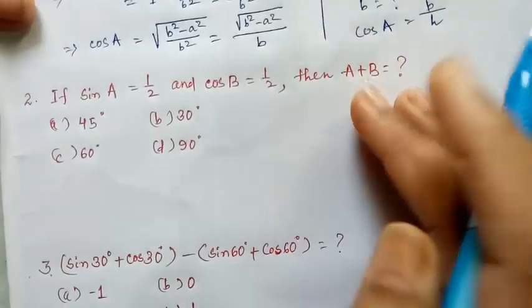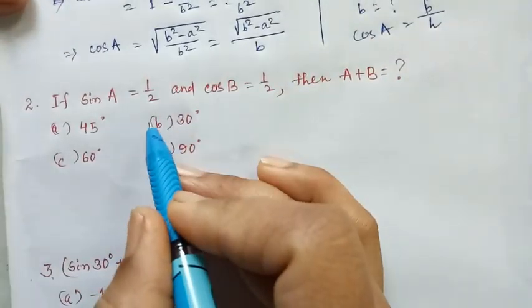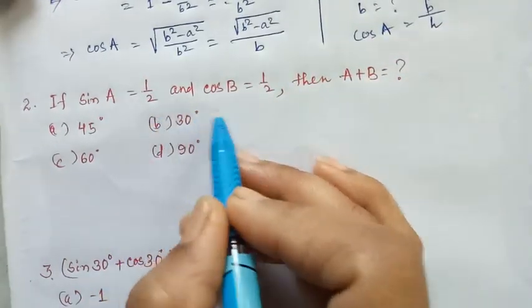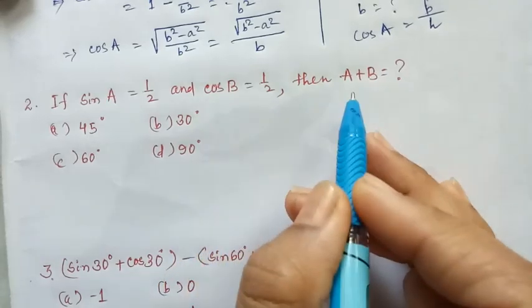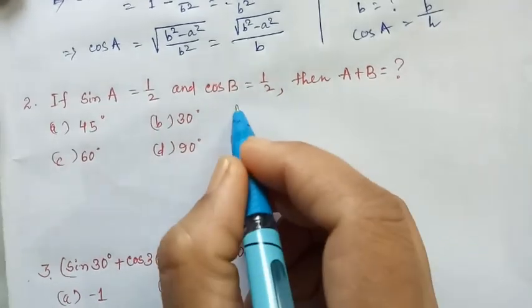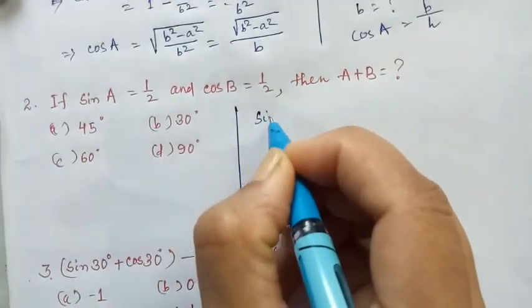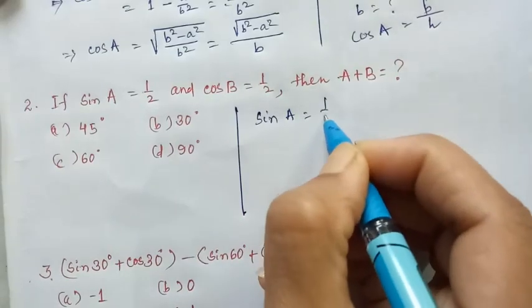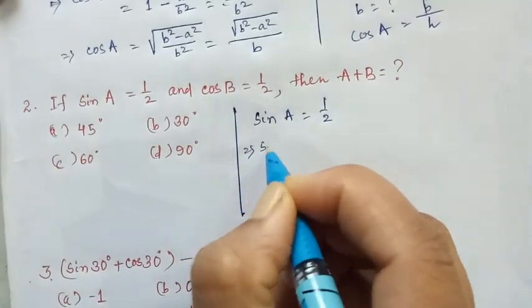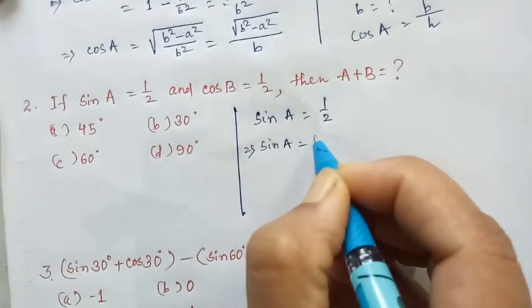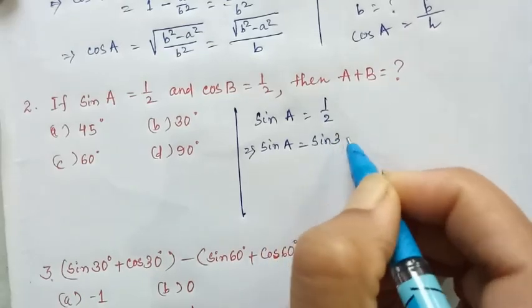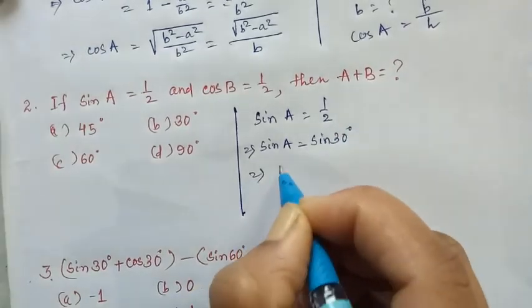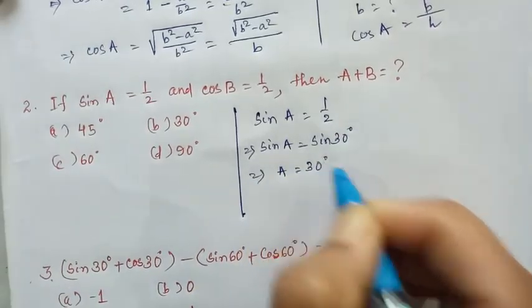Next, if sin A is equal to 1 upon 2 and cos B is equal to 1 upon 2, then A plus B. Sin A is equal to 1 upon 2, that means sin A is equal to sin 30 degree. Implies A is equal to 30 degree.